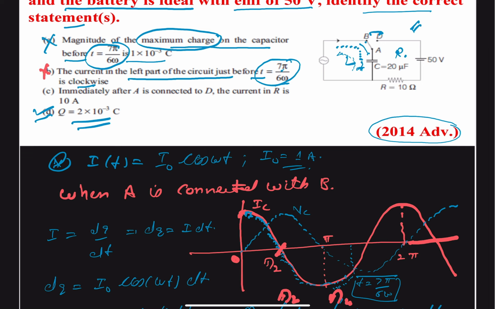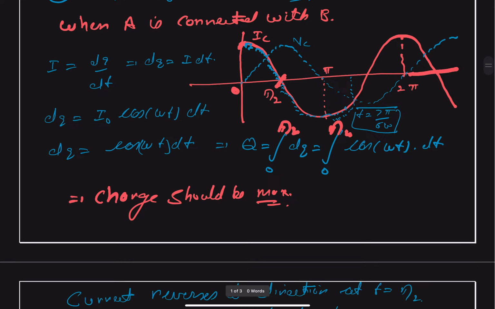And now we are going to find out option C. Immediately after A is connected to D, the current in R is 10 ampere.